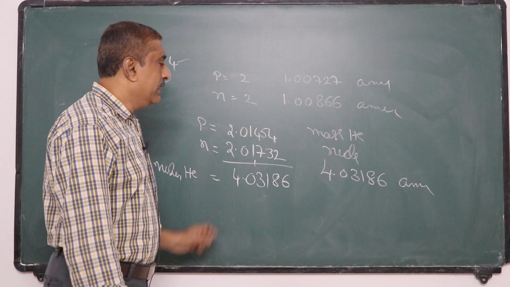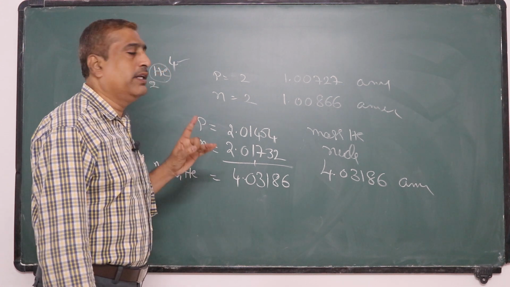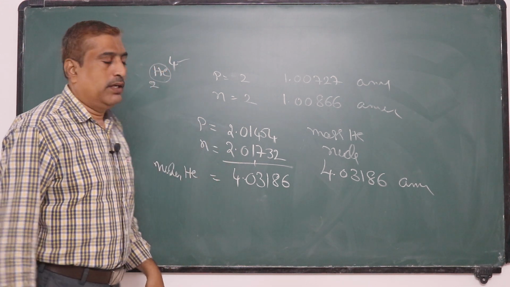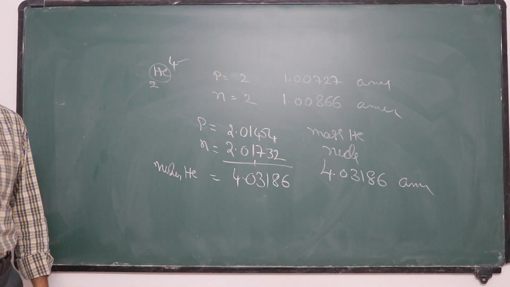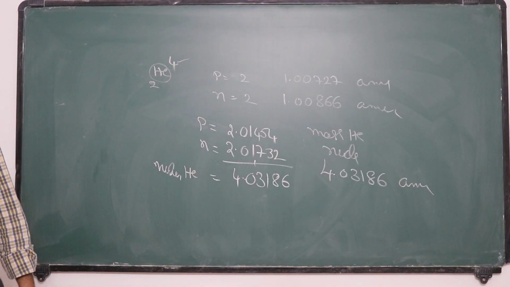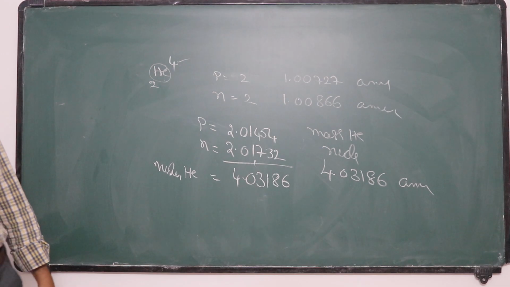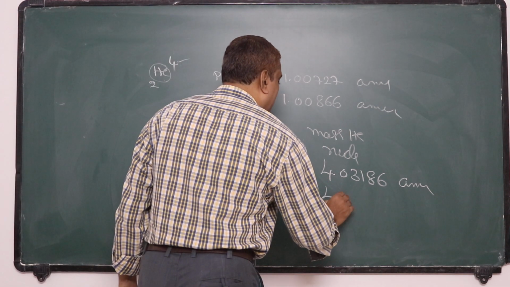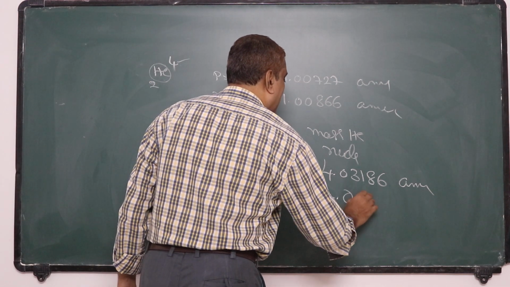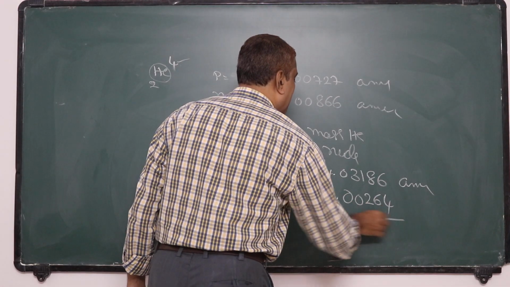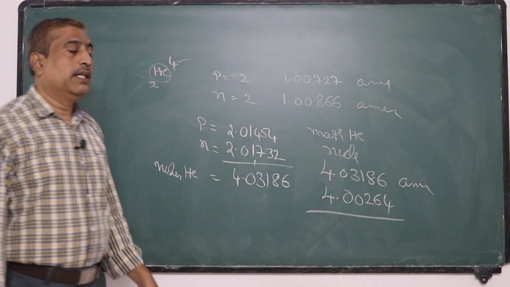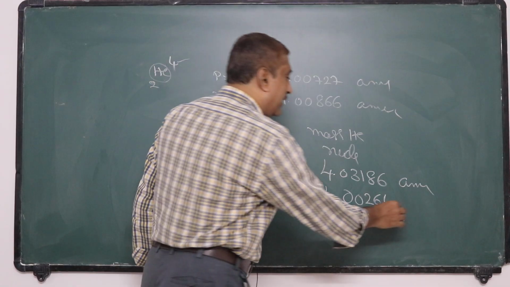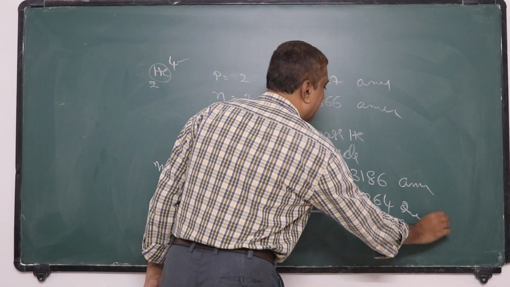But the mass of the nucleus is found to be 4.00264. This is the observed value, or real value, we can say.